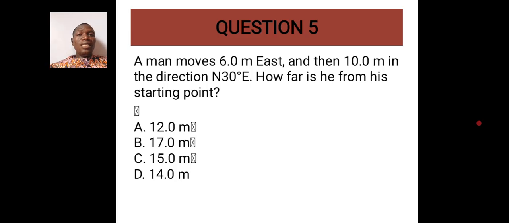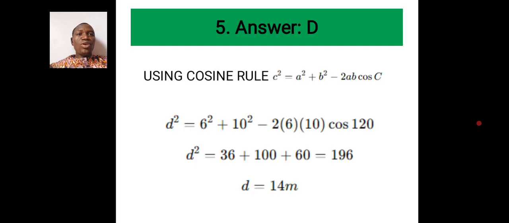If this kind of movement is a right angle triangle, for example, maybe he moves 6 meters east, that's 90 degrees. So you can now see that there is a change. We have 30 degrees northeast in that direction. So that makes it not to be a right angle again. So if it is a right angle triangle, you calculate the resultant distance using Pythagoras theorem. But in this case, you are going to apply cosine rule.